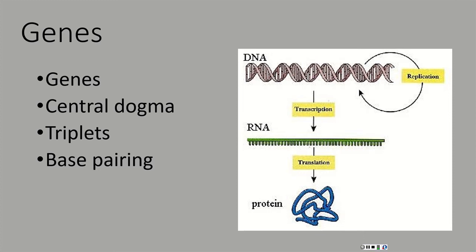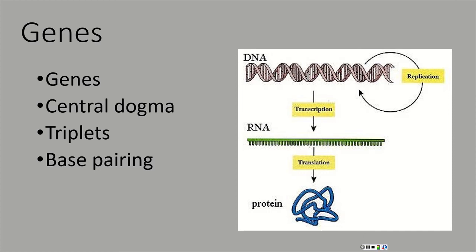There are no living things that follow something else than this. So what we're going to spend the next few minutes talking about is how does this work? How do we go from DNA to RNA to protein?